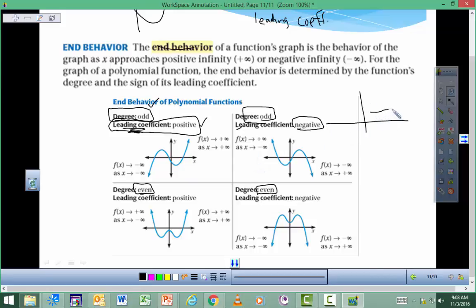What happens as you go out this way? Is the curve going to go up or is it going to go down? What happens as you move along this way? Is the curve going to go up or is it going to go down? That's what we call the end behavior. And since that's the end behavior, there's no point in plotting any more points because you've taken care of all the turns, and from that point on it's going to keep going.